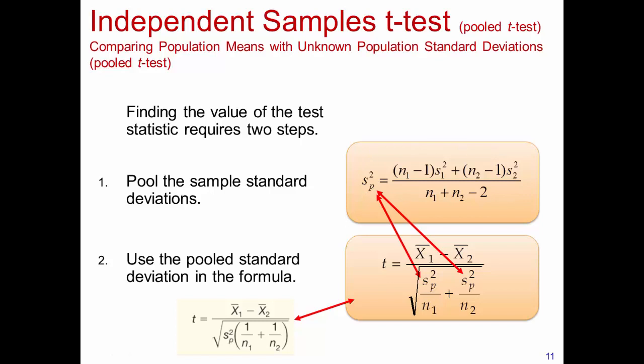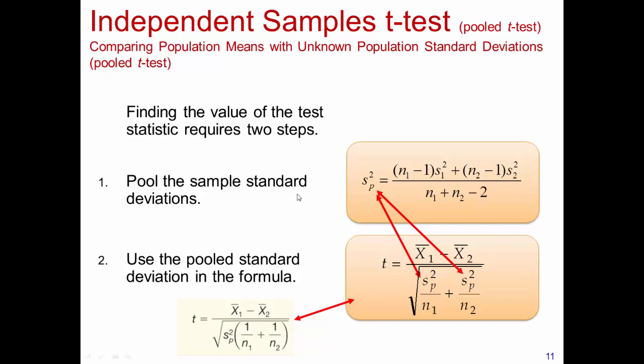Once we've pooled the sample standard deviations, we put them into the formula on the bottom, which can also be written as we have it here. That's just a slight change in the denominator, multiplying the pooled sample standard deviation separately by the square root of 1 over n sub 1 plus 1 over n sub 2.